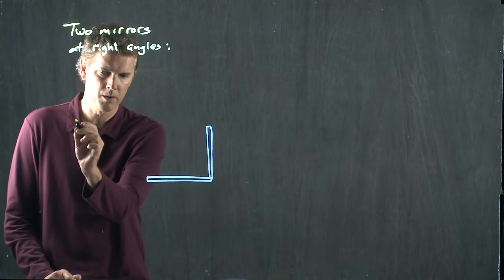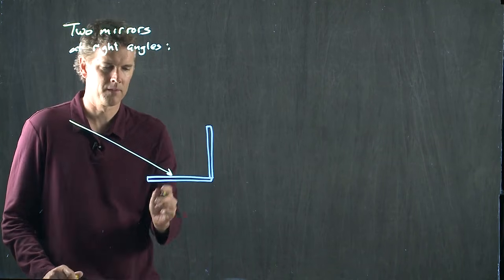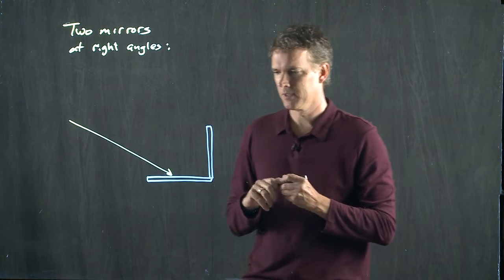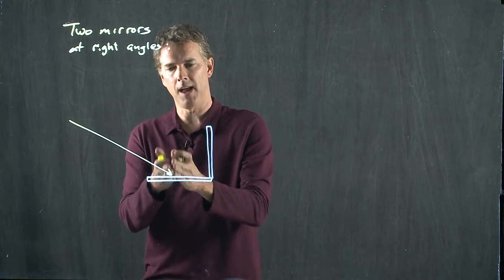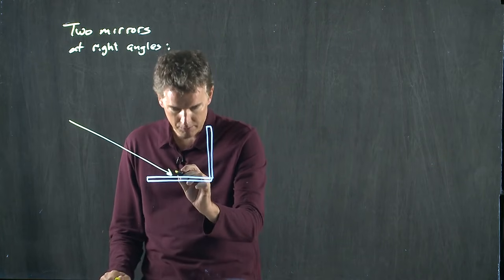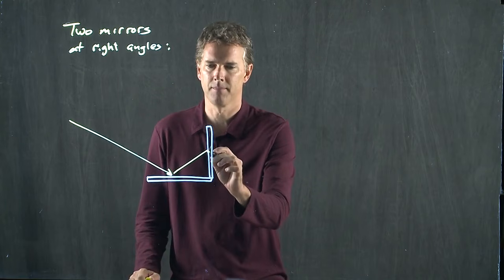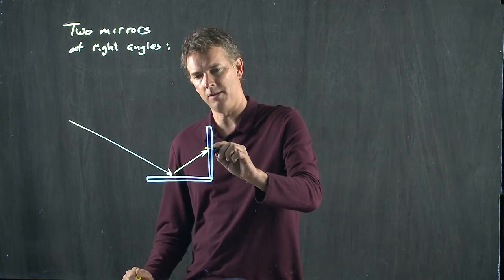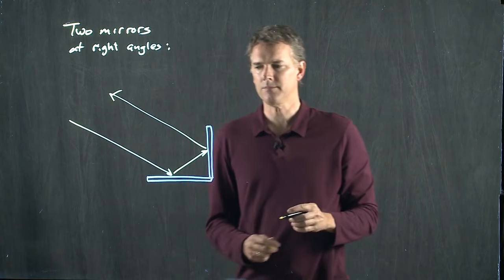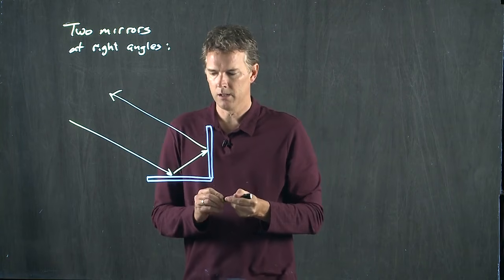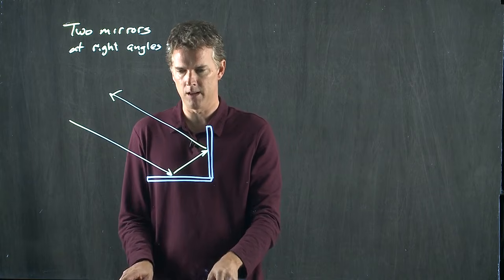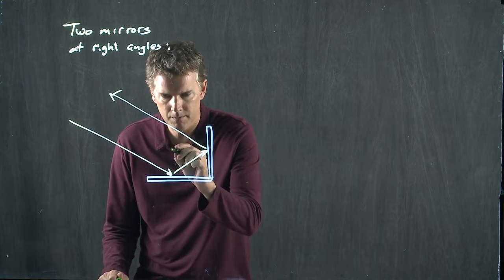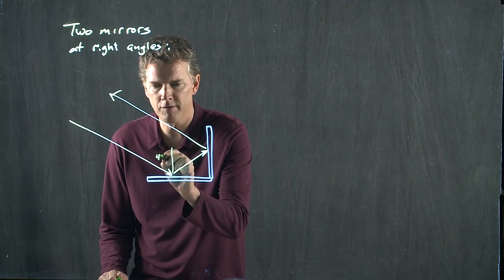What happens when a ray comes in? A ray comes in and it bounces off the first surface. Okay, and we know that it bounces at the same as its incident angle, and so it's going to look something like that. When it bounces off the second mirror, it's going to bounce at an angle like so. And to make this really convenient, let's say that this angle is 45 degrees.